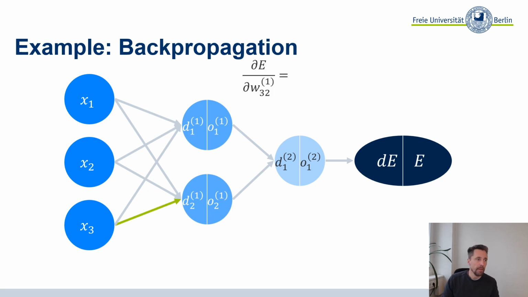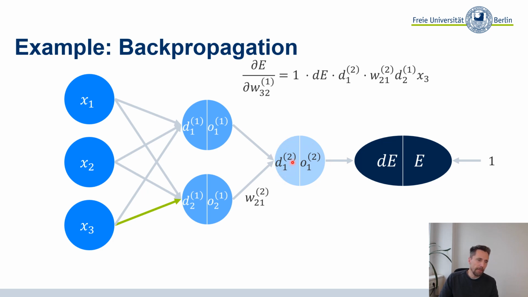Now, let's do backpropagation again for this weight here. So we start with a 1. We put this in, collect this number, DE, then pass this through this connection here. It has no weight, so we implicitly use 1 here.